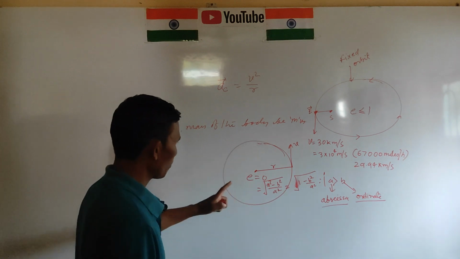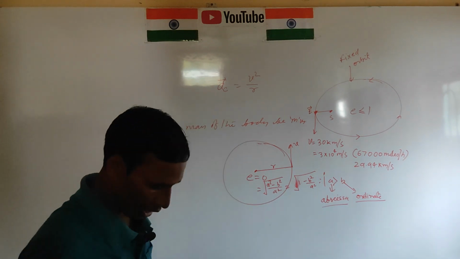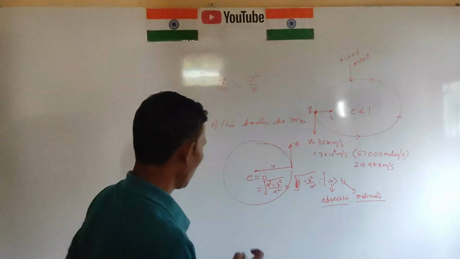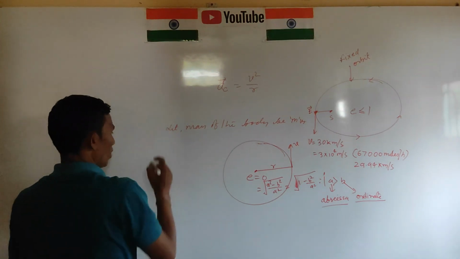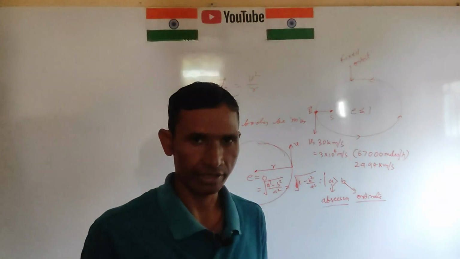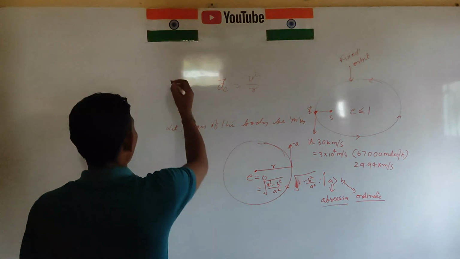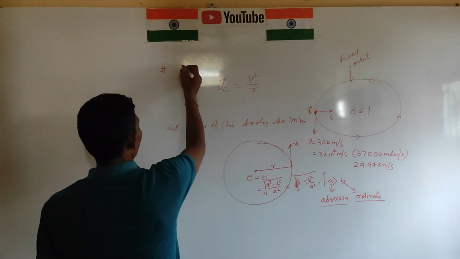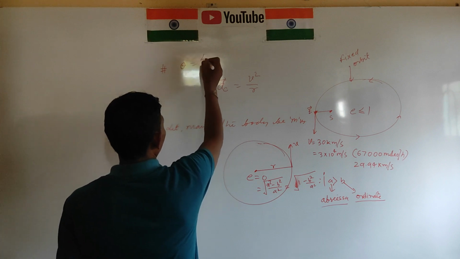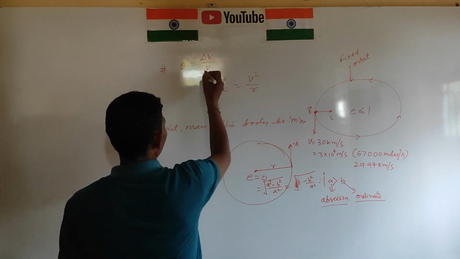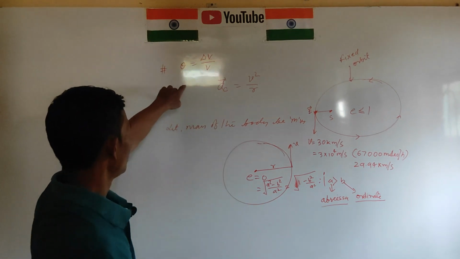During this proof, some student asked me how it is equal. Someone asked me, I'm not understanding, sir, give a clear concept. That is, this one is theta equal to delta v upon v.